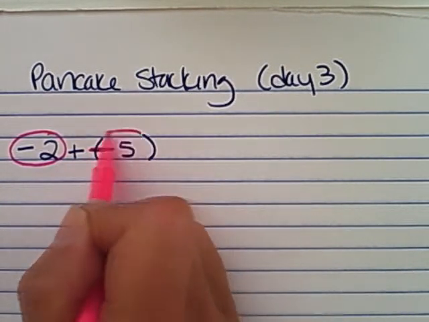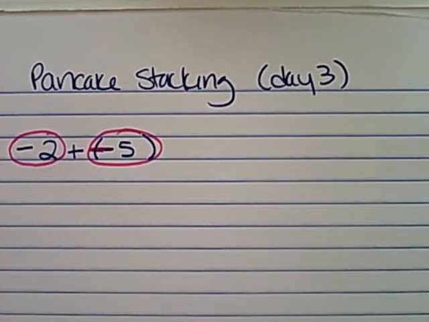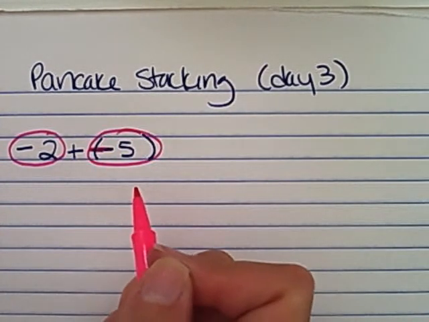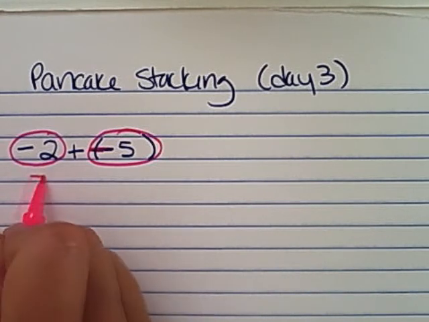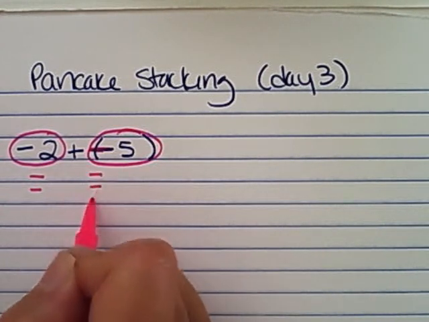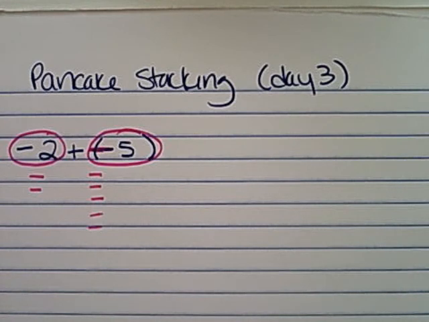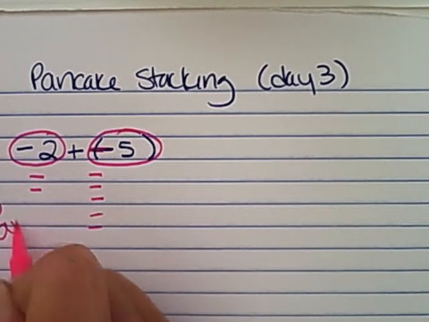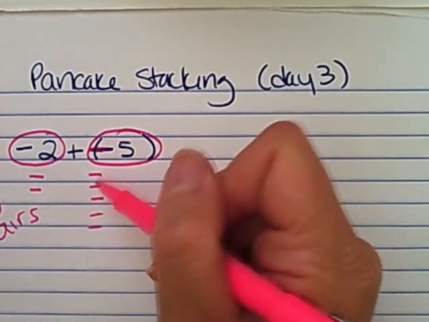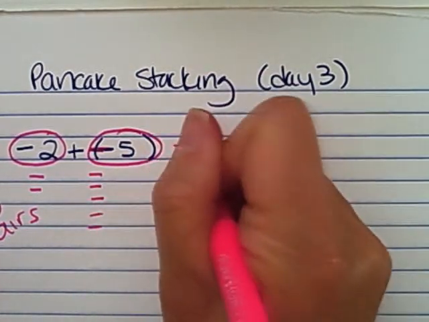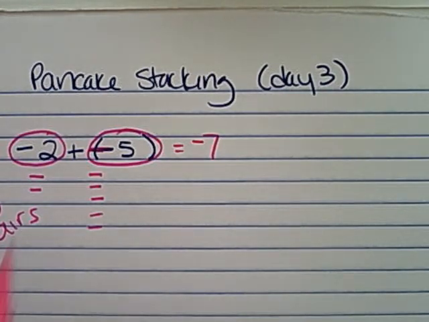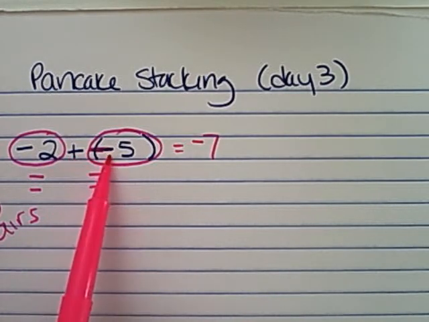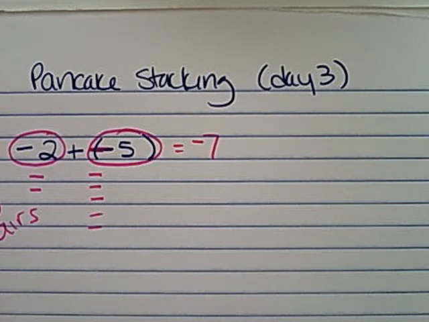So now we just do it just like we do with pancake stacking. Negative 2, negative 5. There's no 0 pairs. And we just have 1, 2, 3, 4, 5, 6, 7. We have 7 negatives. So when you see a parentheses and it's plus negative, it just means that it's a negative 5, because you're adding more negatives, okay?